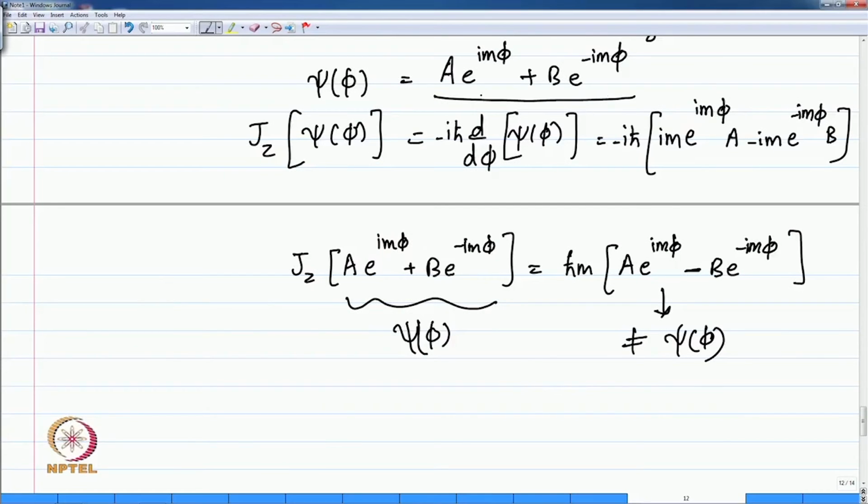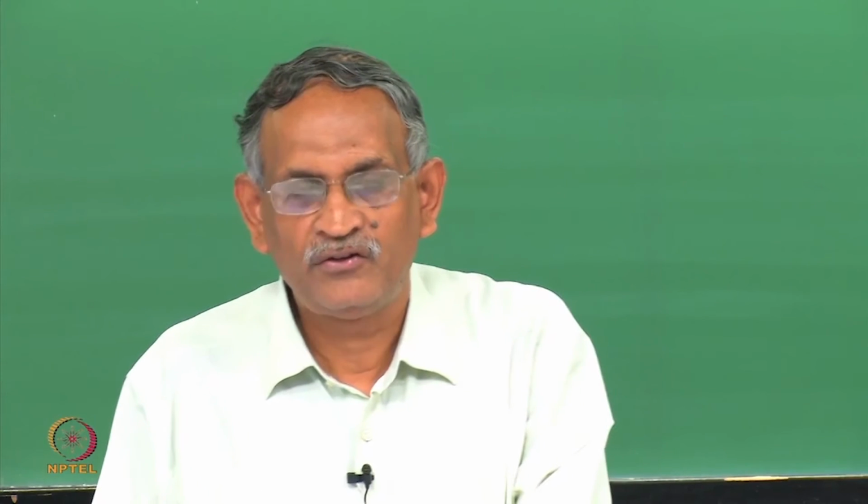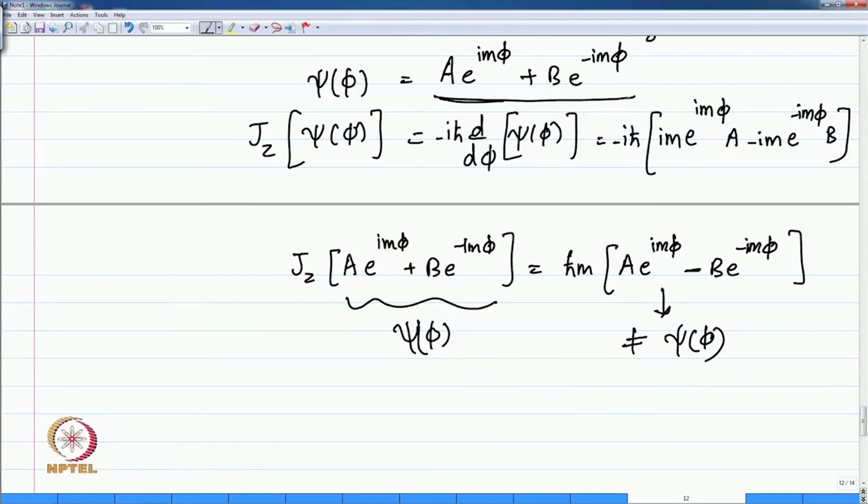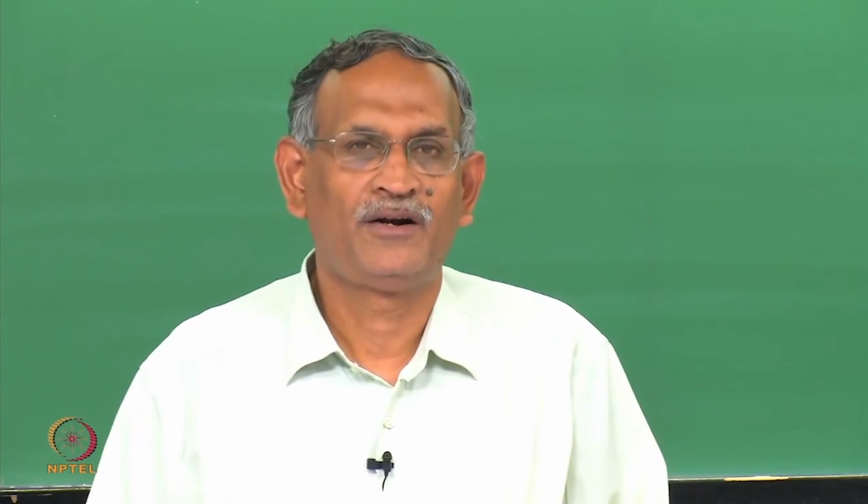Of course, that's how you solve the Schrodinger equation, and I gave this as a general solution. What you have written here, namely a e to the i m phi plus b e to the minus i m phi that you have here on the screen, is also an eigenfunction of the energy operator, but it's not an eigenfunction of the angular momentum operator. Therefore, motion on a ring comes out with something unique.